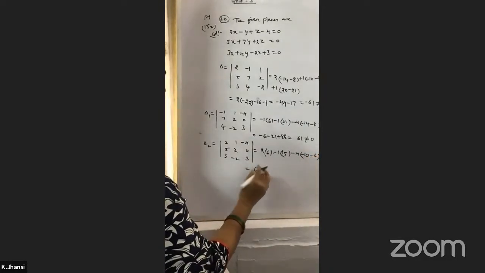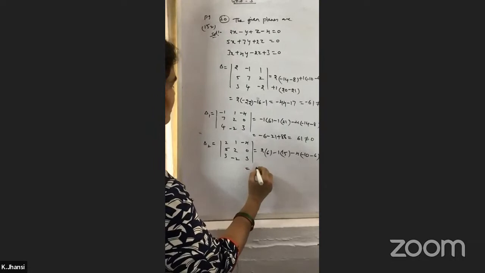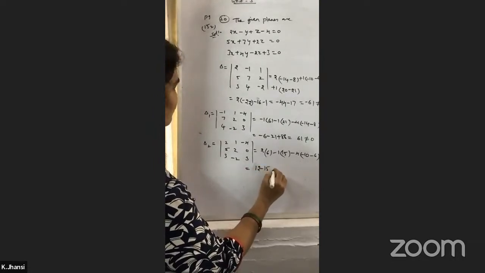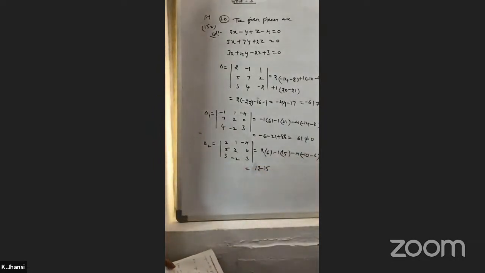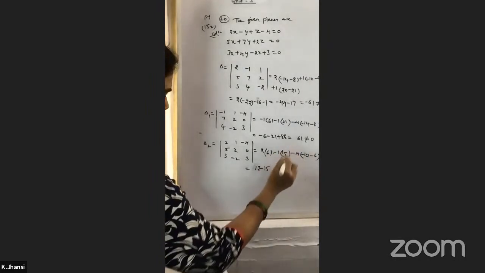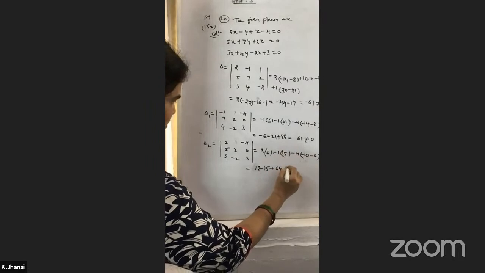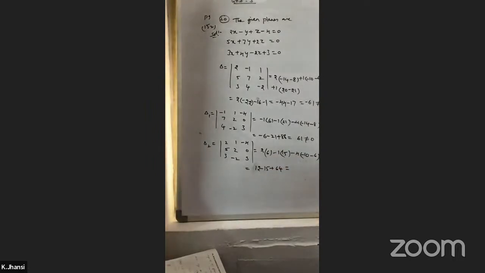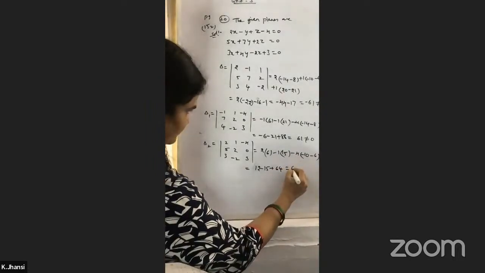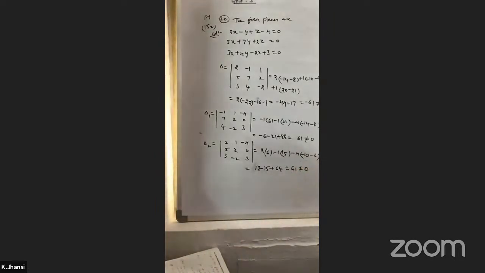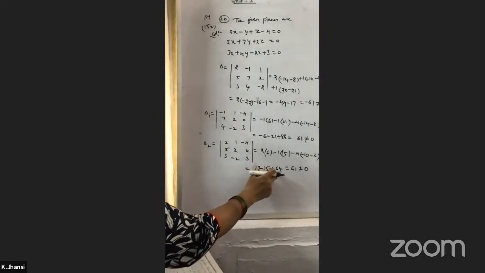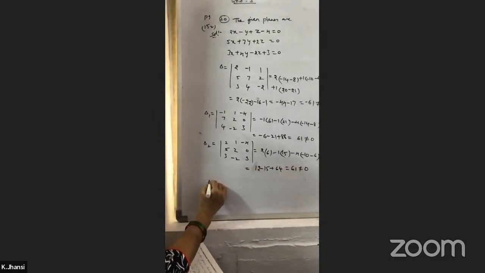So 6 to the 12 -15. That is -16. 16 fours are. So minus of minus is plus 64. So this value is again you will get the 61. So -3, no? -3 means 61 not equals to 0.